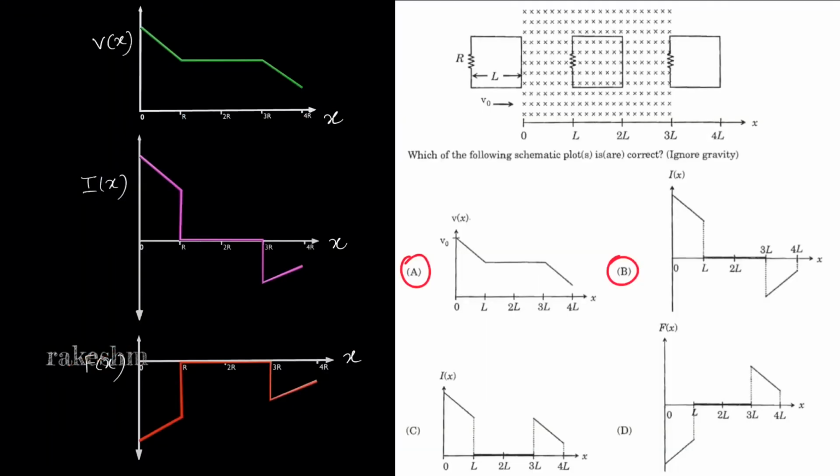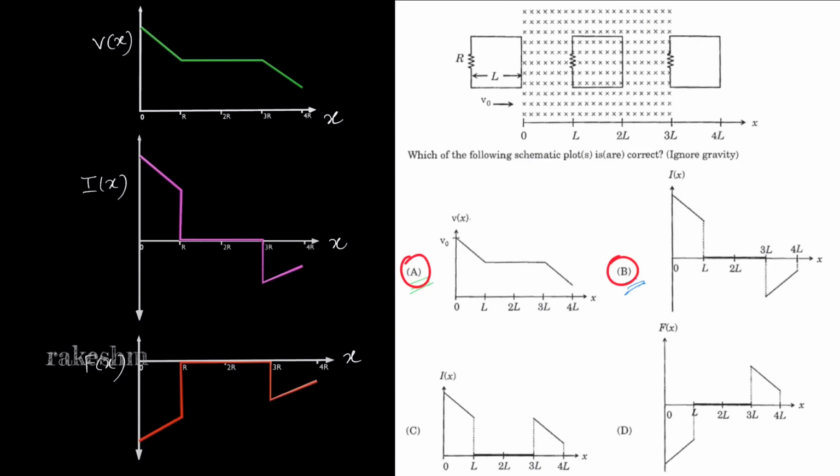In the JEE exam, these were the options which were given: velocity as a function of x, current as a function of x, another current as a function of x, and force as a function of x. And these are the three graphs which we have got. You can just compare here and see that the correct options are velocity as a function of x, and next current as a function of x.